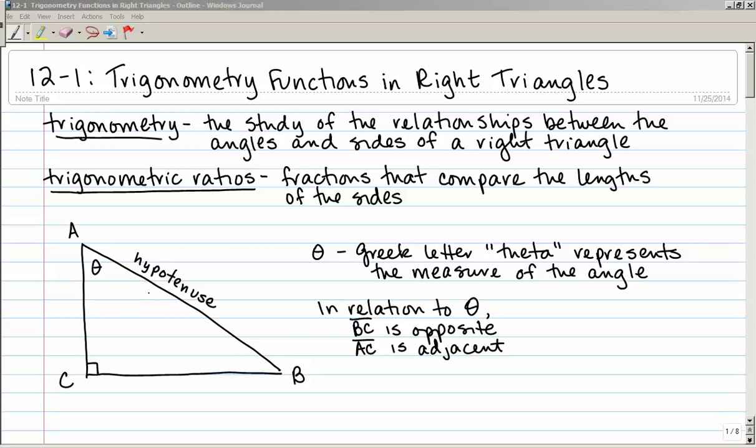So in this triangle, in relation to theta, side BC is opposite because it's directly across from that angle, and side AC is the adjacent because it's right next to the angle. Now you might be saying AB is also right next to angle theta, but the hypotenuse is always the hypotenuse. It can never be the adjacent side.